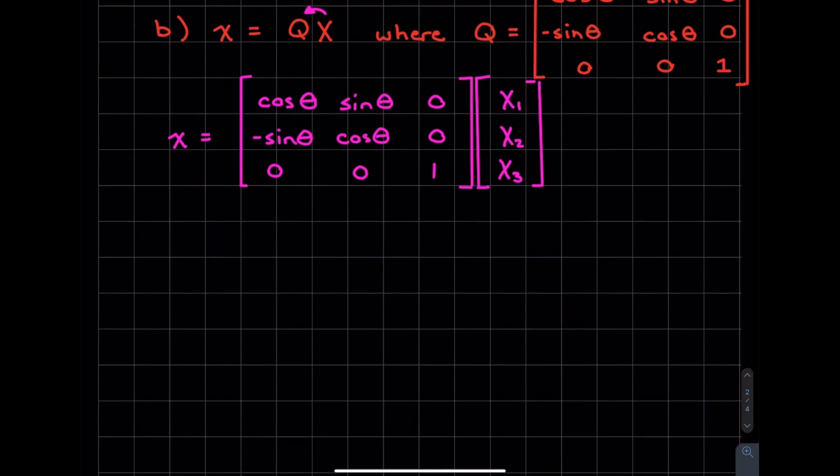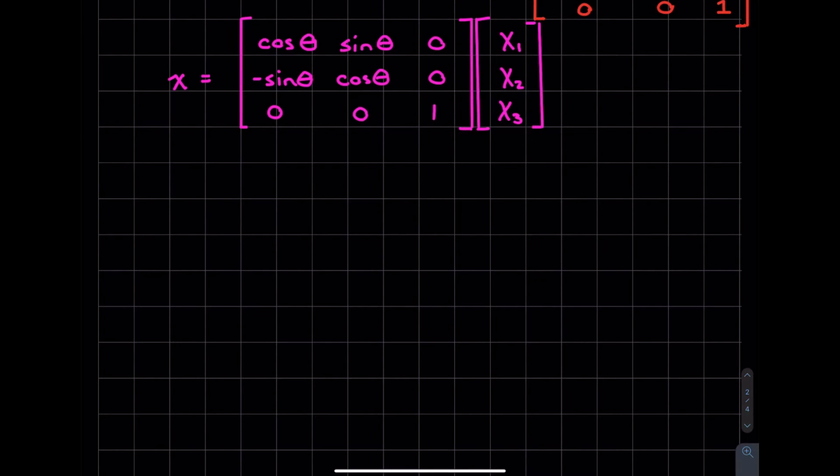And as we can see, if we actually do these calculations, x is going to be equal to cosine theta x1, then the next component would be sine theta x2, and then 0 times x3, which is just going to be 0.